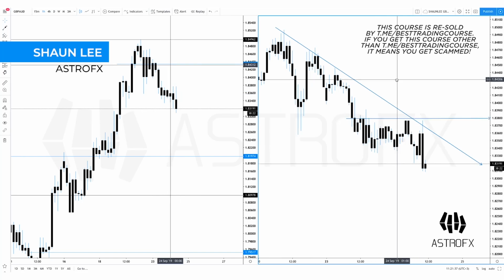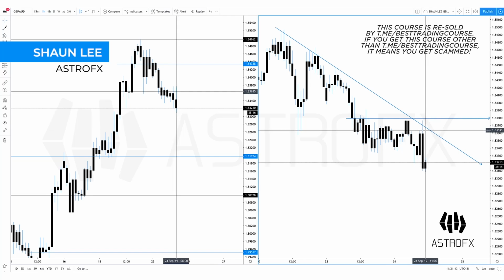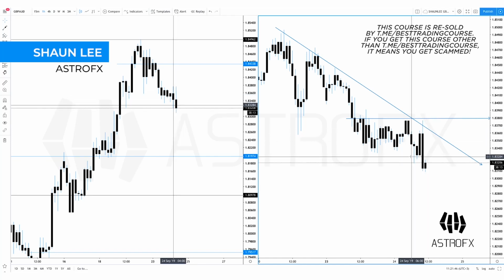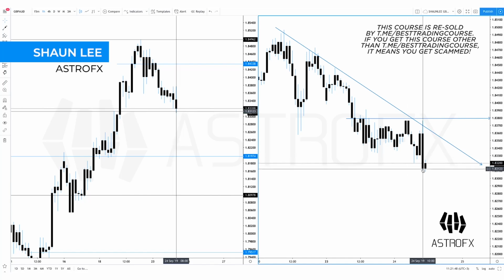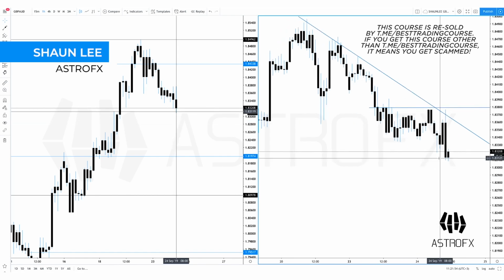Over here, I'm using the hourly and the 15-minute in unison together. So I got my first entry in on the 15-minute. Price came in, it broke hourly structure, and then the closure on the hourly has actually given me another opportunity to add a short position and scale in an extra entry.